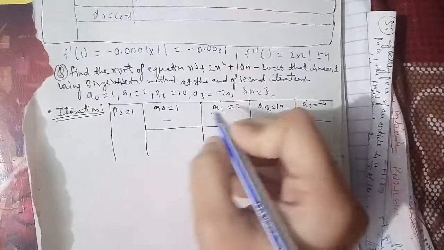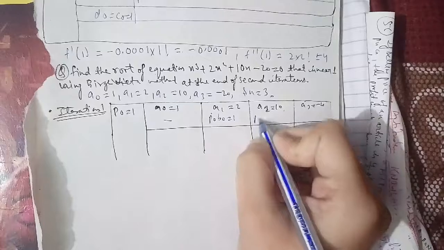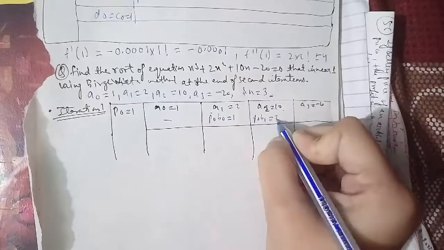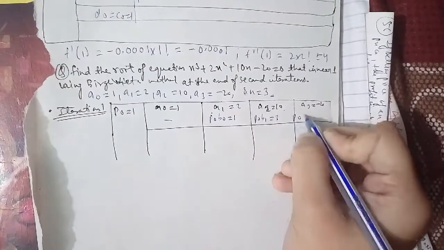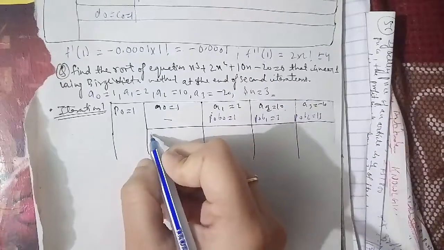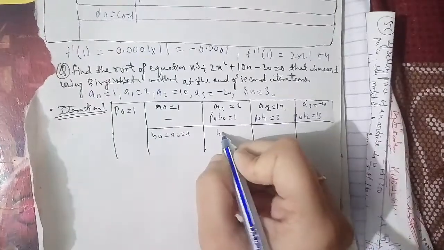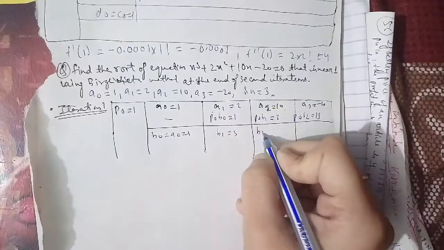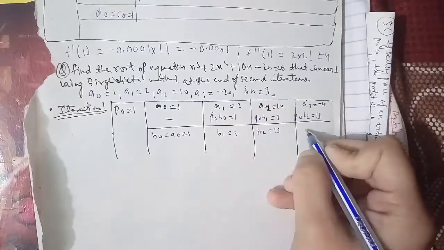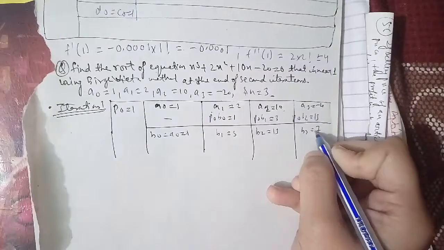We put in the values: b0 equals a0, which is 1, b1 equals 3, b2 equals 13, and b3 equals minus 7.